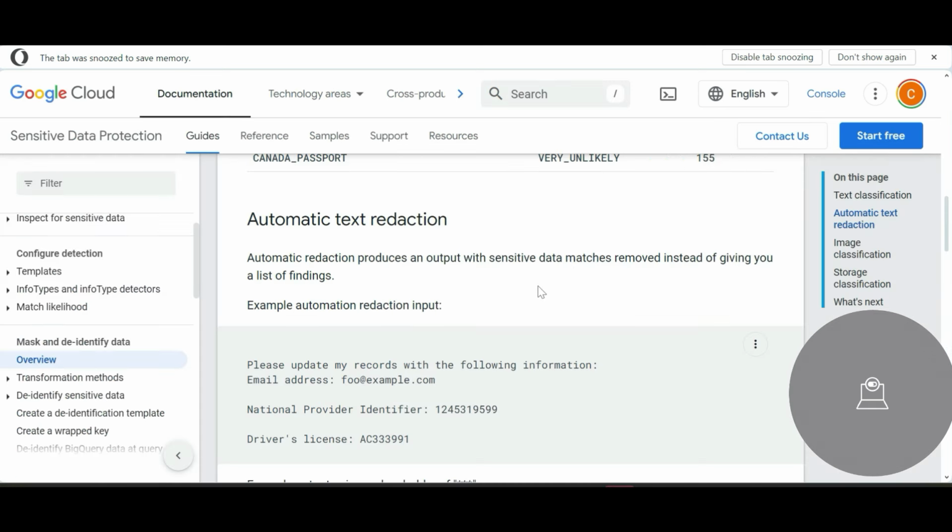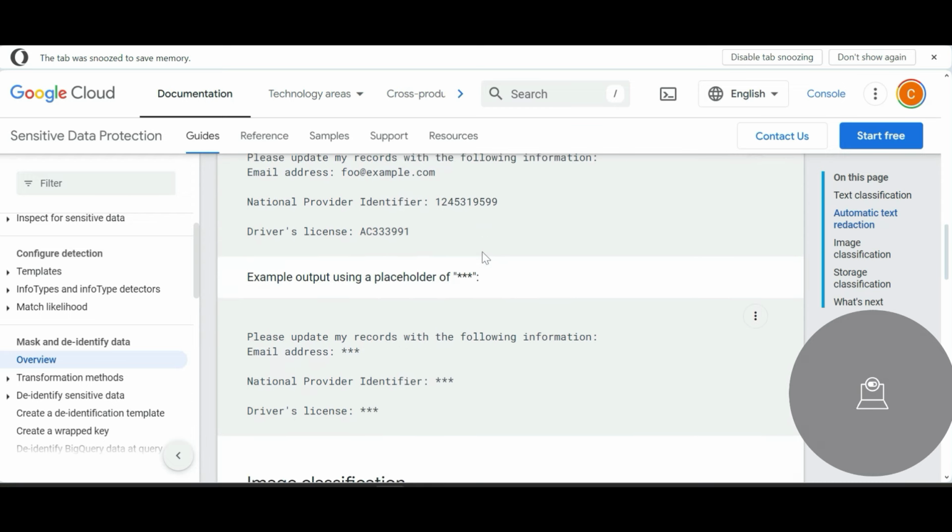There is a concept called redaction. It will remove that sensitive data. Once it finds a match, it asks what should I do. It says, forget about taking any risk, let me straight away remove it.